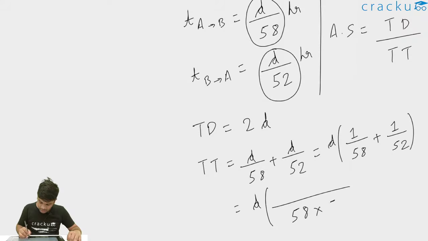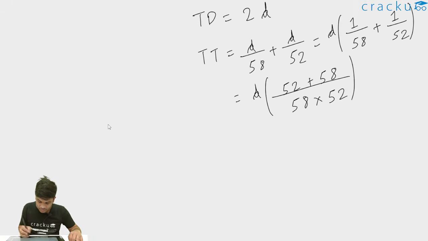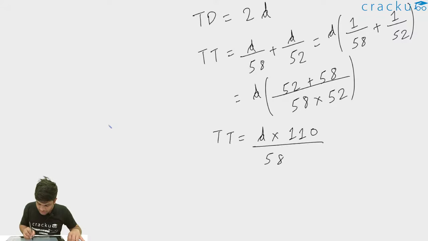So 58 into 52 in the denominator, and in the numerator it will be 52 plus 58. This is a basic addition of fractions. So total time will be d into 52 plus 58, which is 110, divided by 58 into 52.